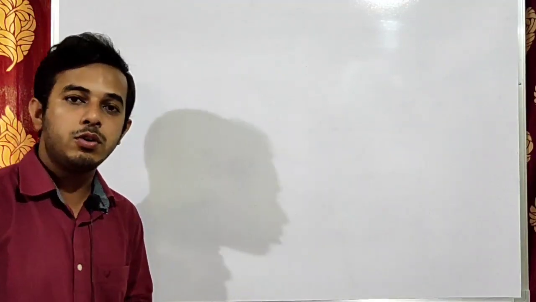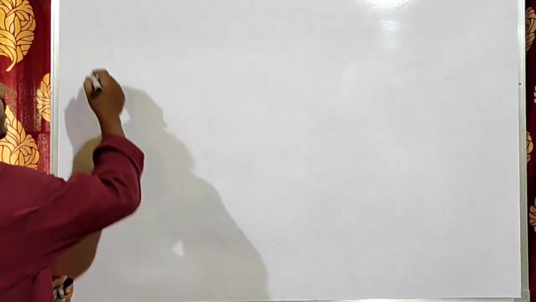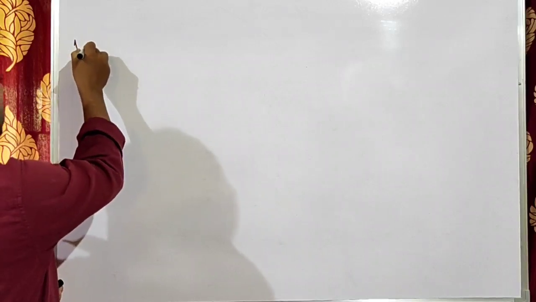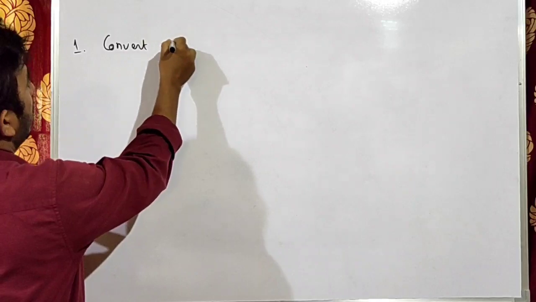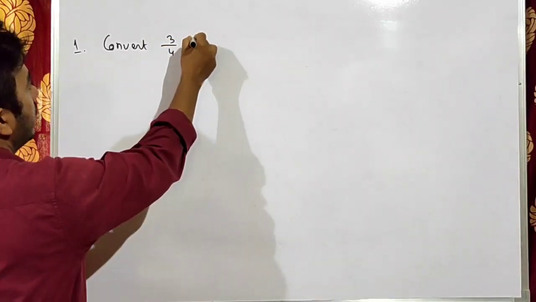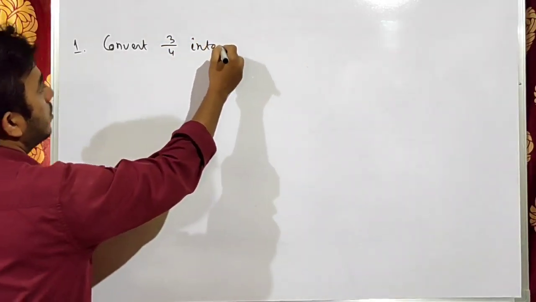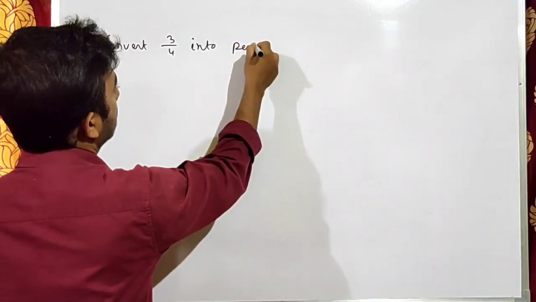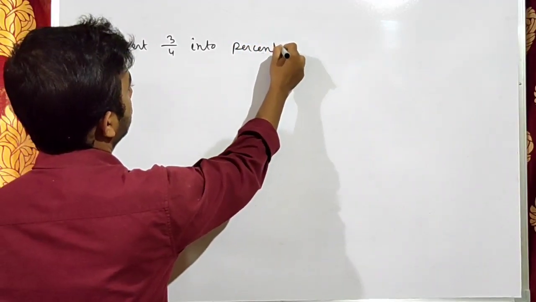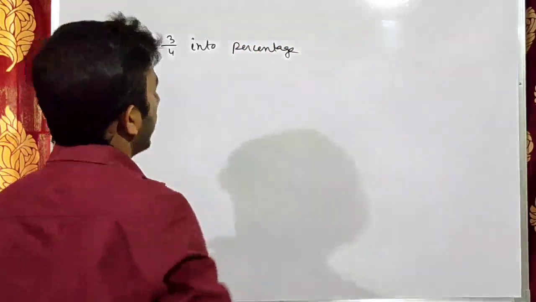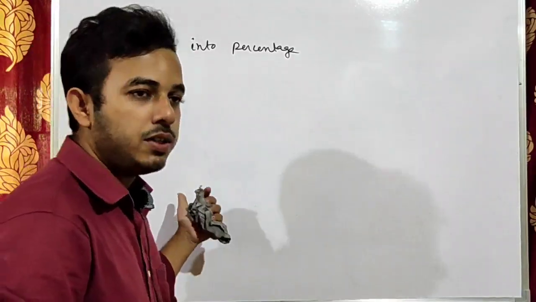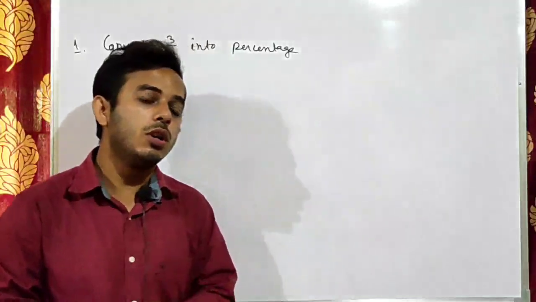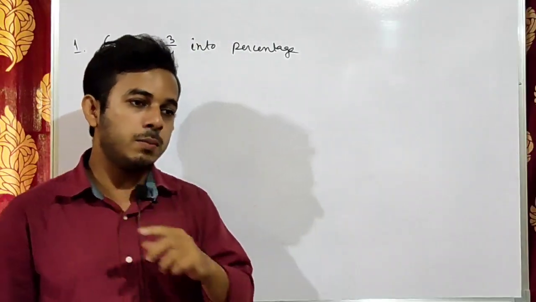So today's first question of our class is: convert 3 by 4 into percentage. So you have to convert this fraction into percentage. In the introduction of percentage and its application, I have told you two things, right?